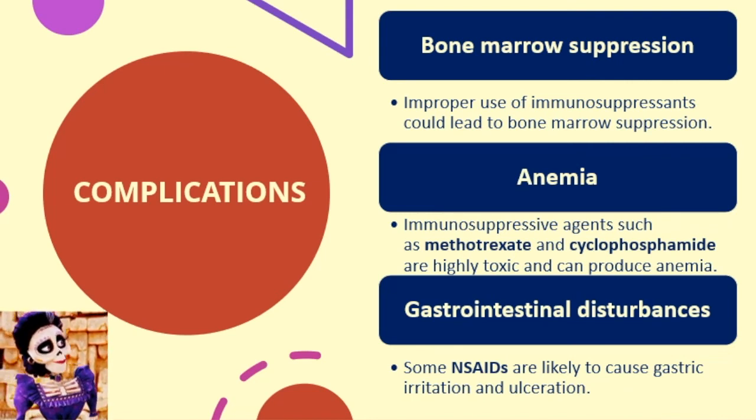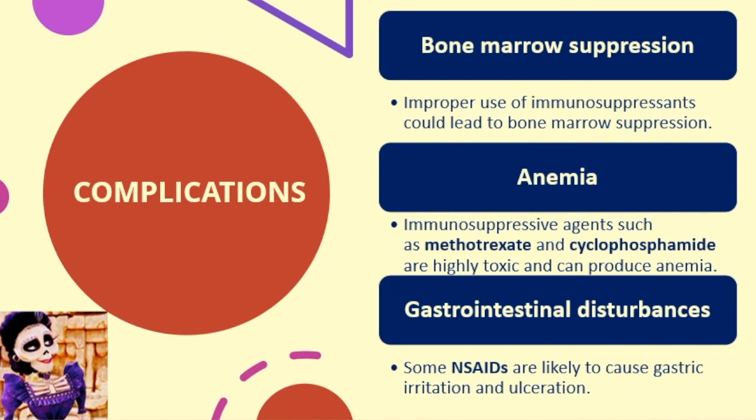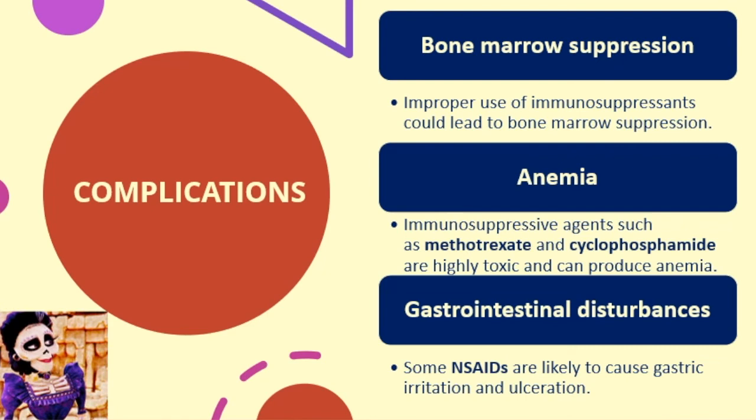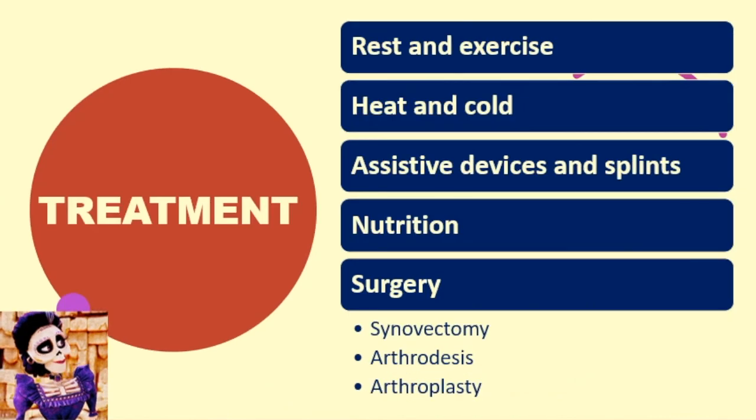And then class, for your anemia, you'll have that problem from drugs such as methotrexate and cyclophosphamide. So they are highly toxic and they can produce anemia. And then you can also have gastrointestinal disturbances, especially if you're taking NSAIDs. So that's why the best drug supposedly for pain is the use of selective COX-2 inhibitors. By the way, examples of which are celecoxib and etoricoxib.